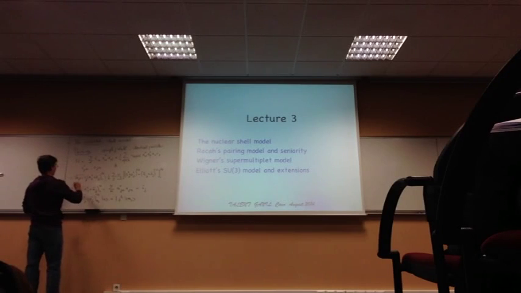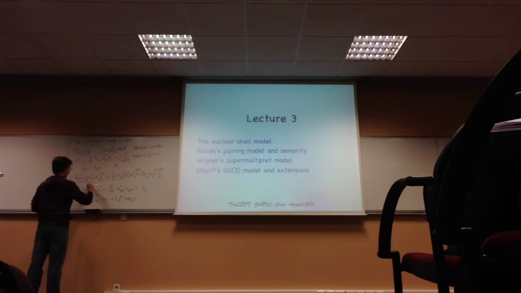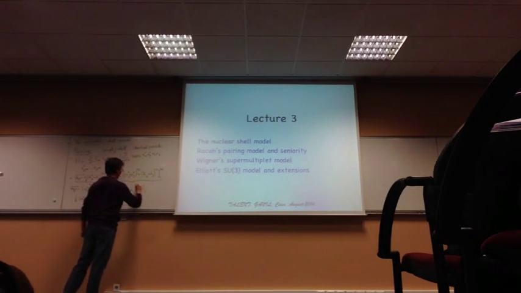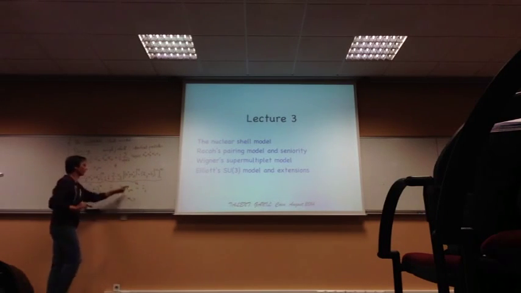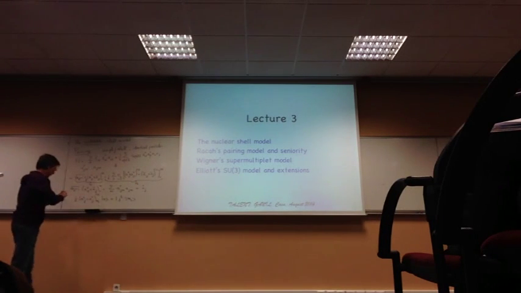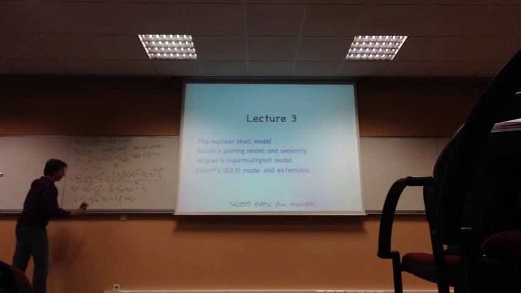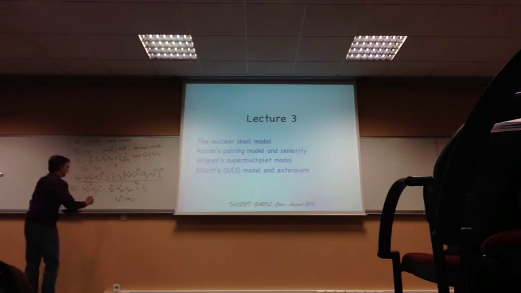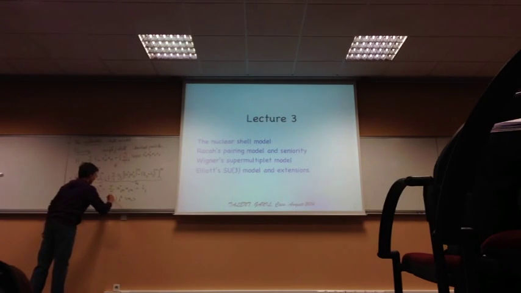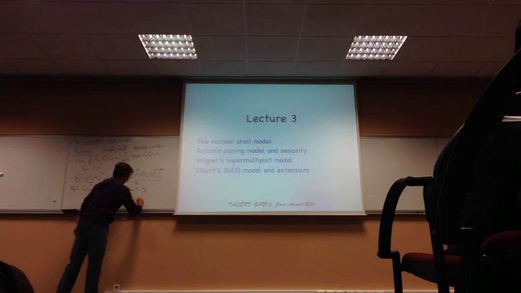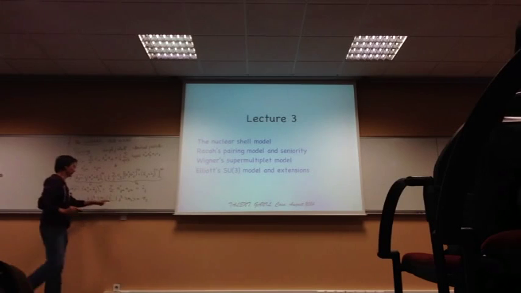So let's say that this is V1, maybe that's not a good notation, this is the one-body term, and this is the two-body term. These are operators, I should put a hat. So this is the definition, then we can show that these coefficients V_J are precisely the two-body matrix elements.